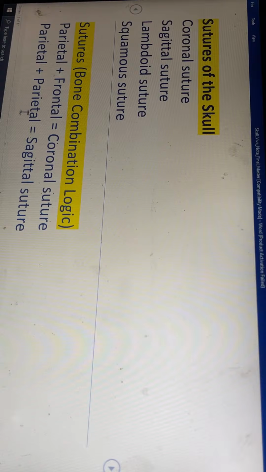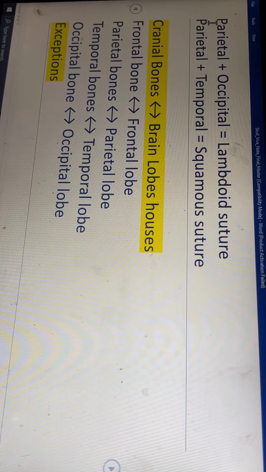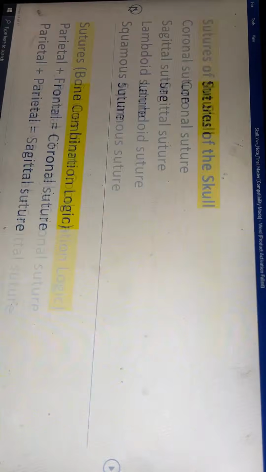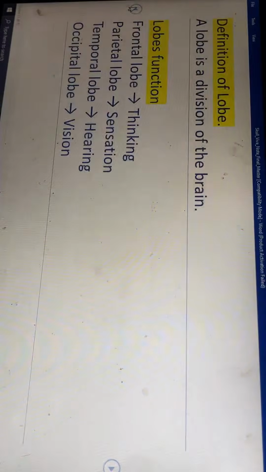Parietal plus parietal is held by the sagittal suture. Parietal plus the occipital is held by the lambdoid suture. Parietal plus the temporal is held by what? Squamous suture.